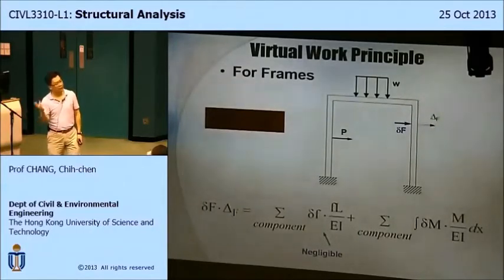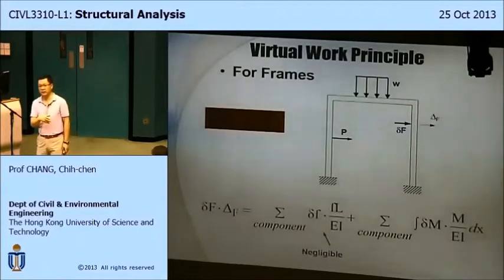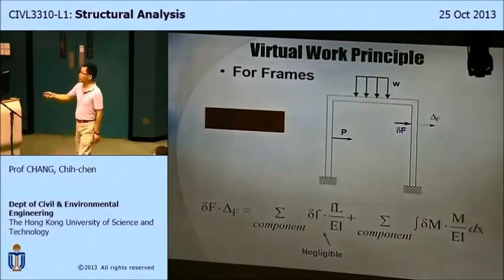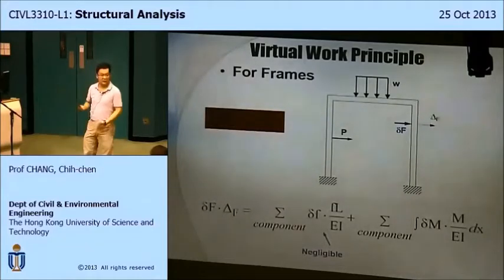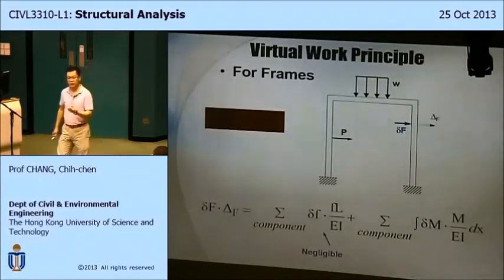For truss, we talk about axial force. We don't talk about shear or bending moments. But if you put them together, that becomes frame structures. So we talk about axial force, shear force, and bending moments for this kind of structure. So basically, the extension to frame structures is pretty simple.